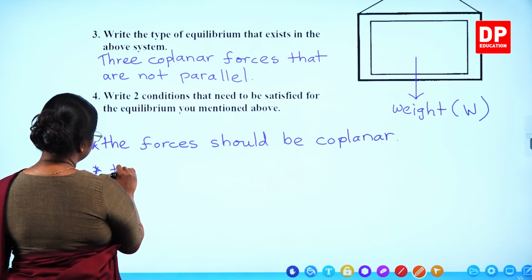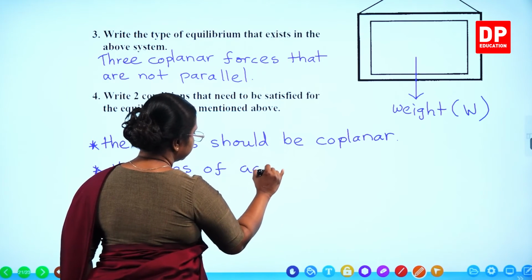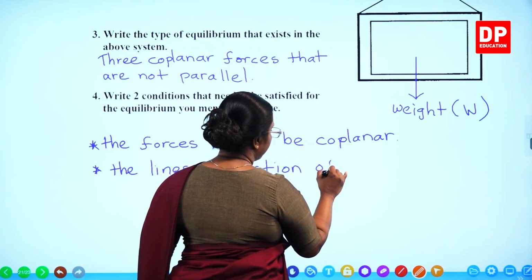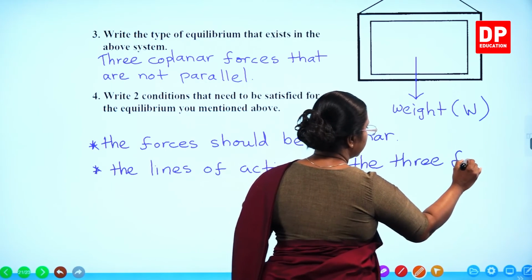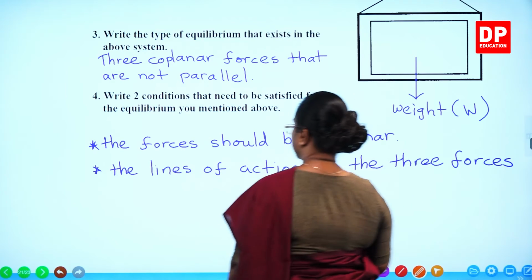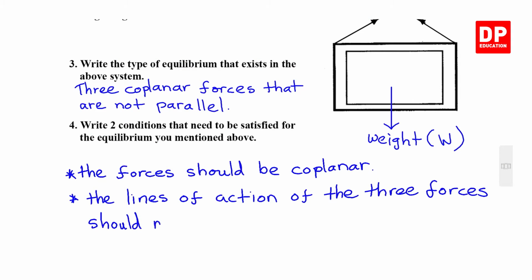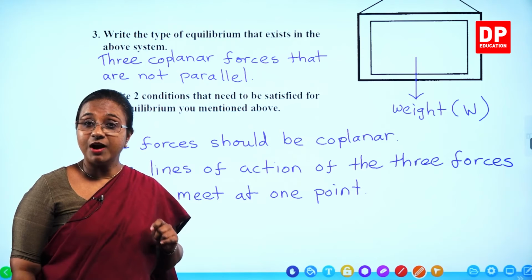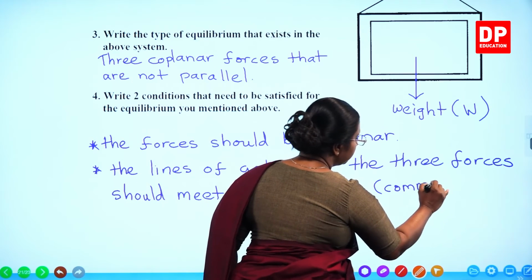Then the next one, the lines of action of the three forces should meet at one point. So here they should meet at one point, or in other words, students, you can write it as common point.